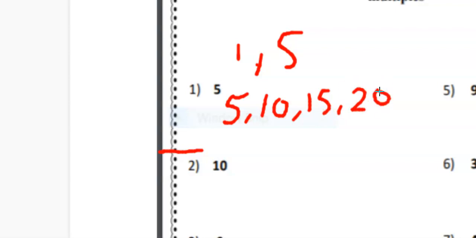And 5 multiplied by 5 is 25. See how the multiples keep increasing, but the factors are only the numbers that can fit inside of that number.